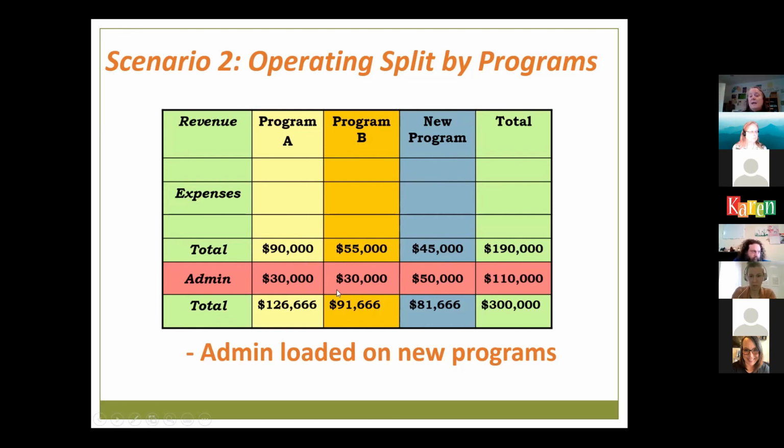So again, we're modeling how much resources is it going to take for us to actually do these programs. And it's okay to state, this is how I'm allocating admin and here's why. This program is going to be a heavy lift for us administratively to get off the ground. So we're assigning it extra admin. Okay.